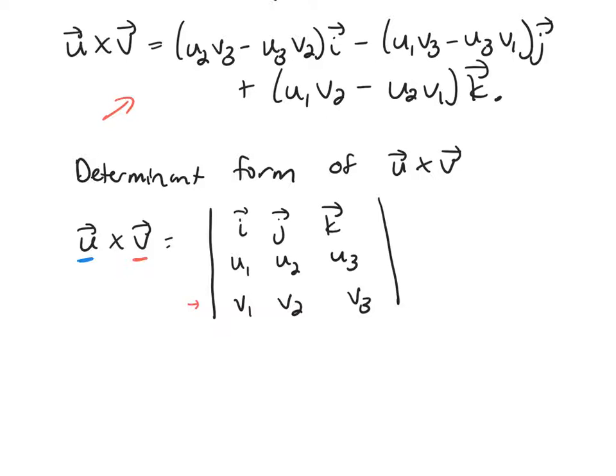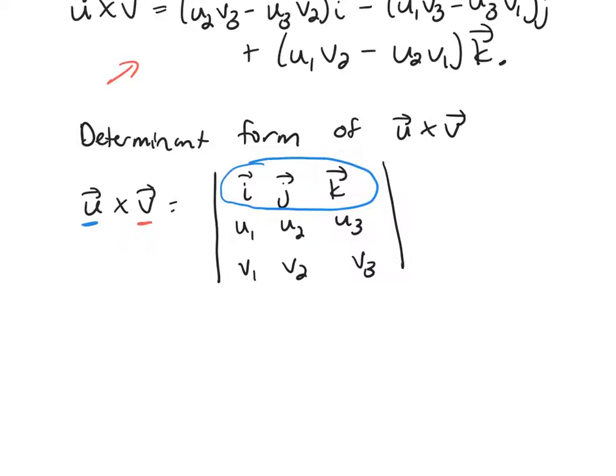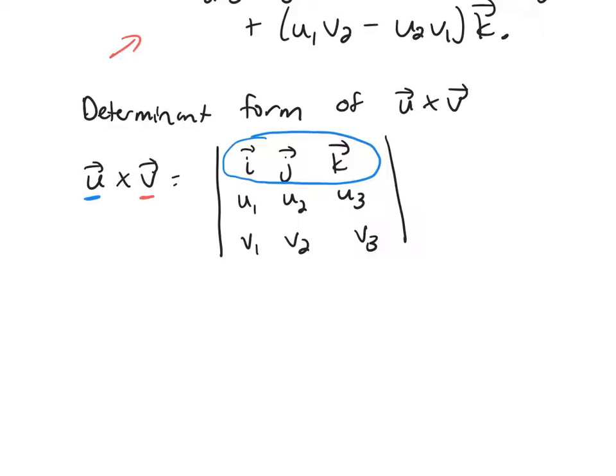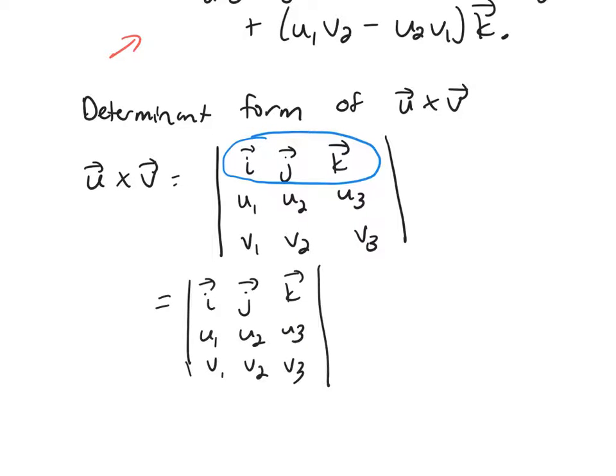And then you're going to focus in on this first row, which I'm circling in blue so you can see. We're going to copy down i, j, k, u1, u2, u3, v1, v2, v3, and go along each entry in that row.